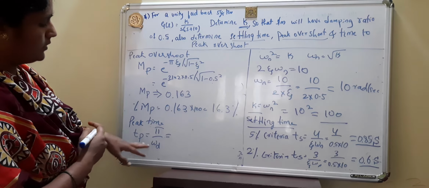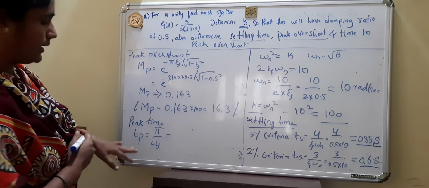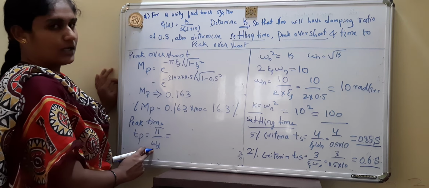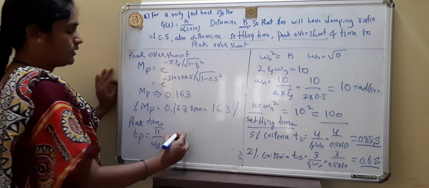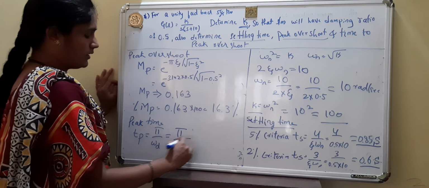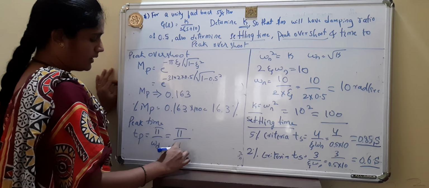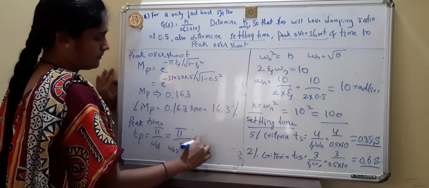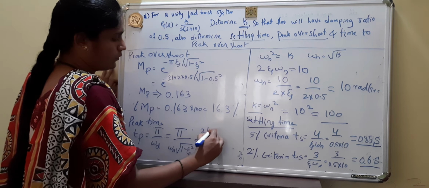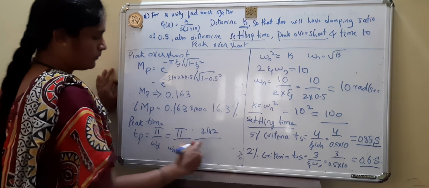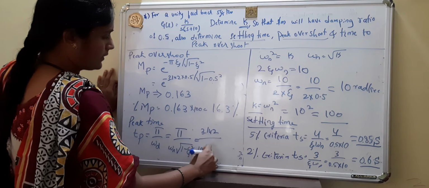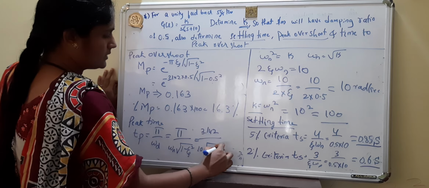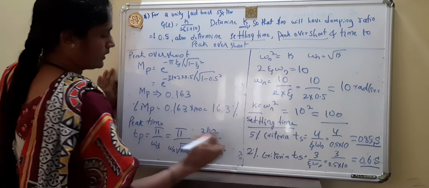If we don't know the value of omega d, we have to express omega d in terms of omega n and zeta. Omega d is equal to omega n square root of 1 minus zeta square. So pi as 3.142 divided by omega n as 10 into square root of 1 minus 0.5 square.